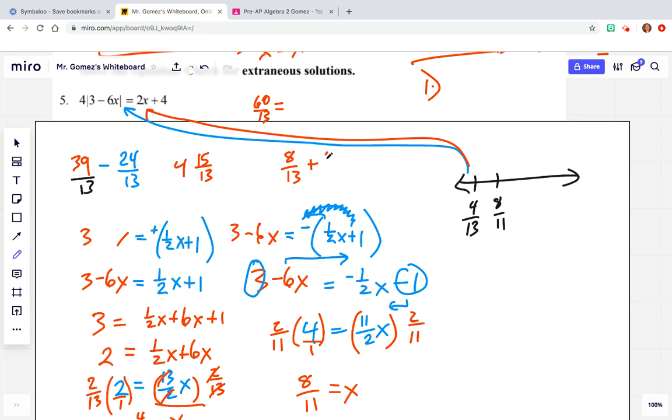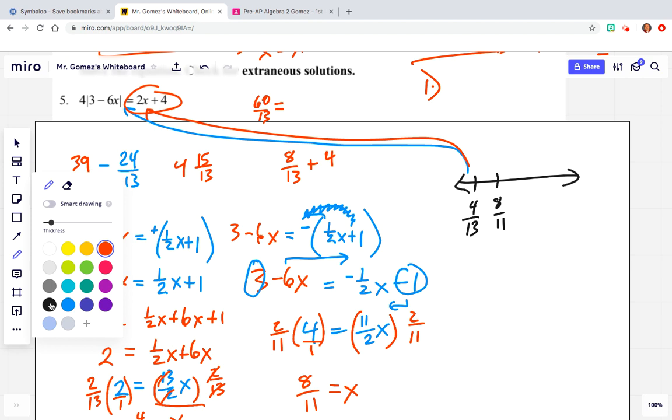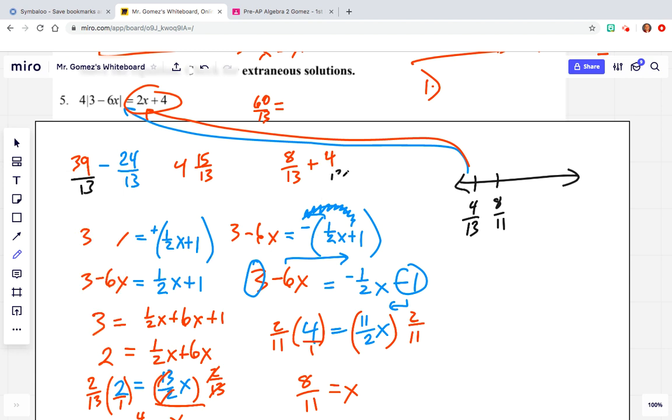And if I add 4, I need to multiply by a form of 1. Okay, because now I have common denominators, and 4 times 13 is 52, and 52 plus 8 is 60. And sure enough, these equal each other. So 4/13 is not extraneous.